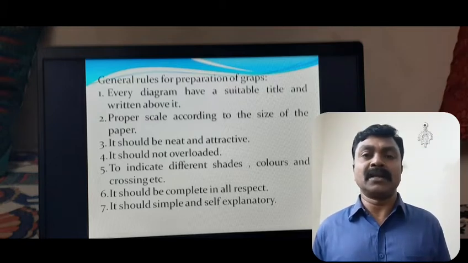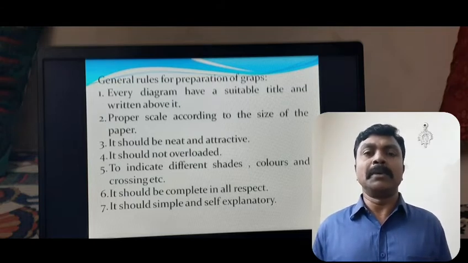Tables also must be clear. The same data or information is then represented in the graphs. It will be more clear, completely right, and everyone will understand easily.